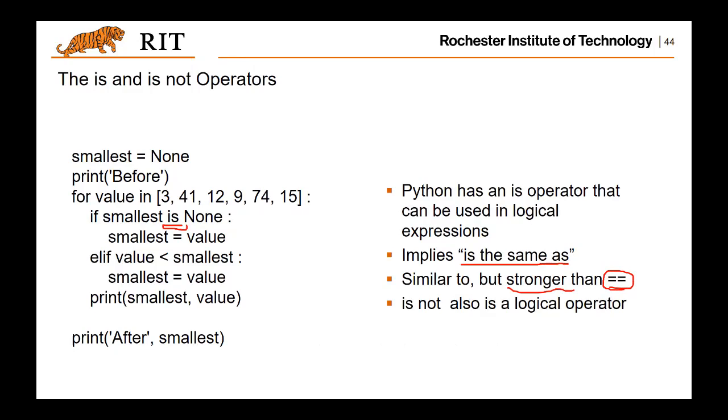For example, you could have two variables, A and B, that both contain the number 4. Let me write the code here. That will be more clear to you guys.